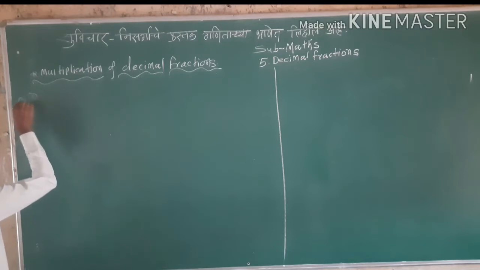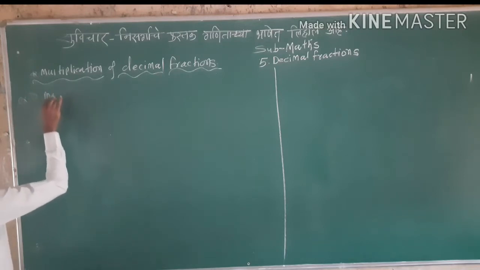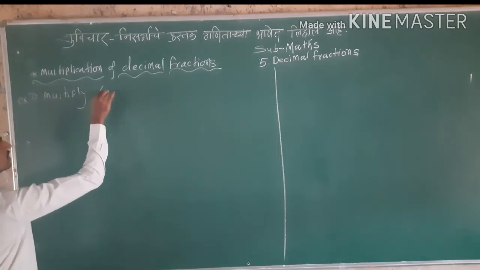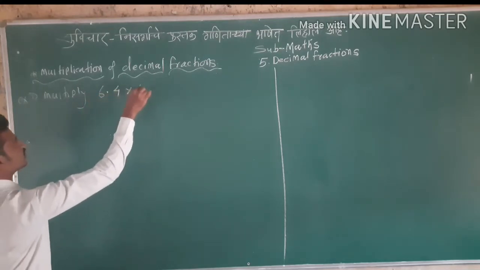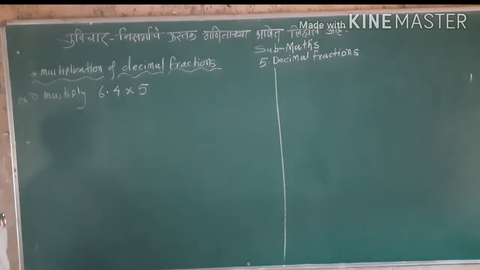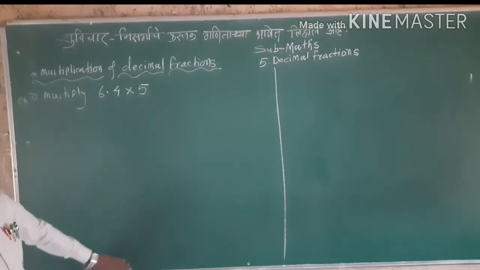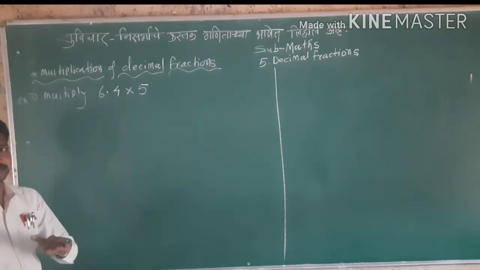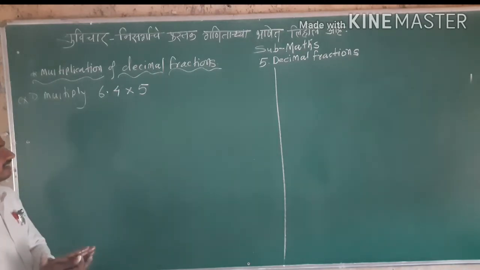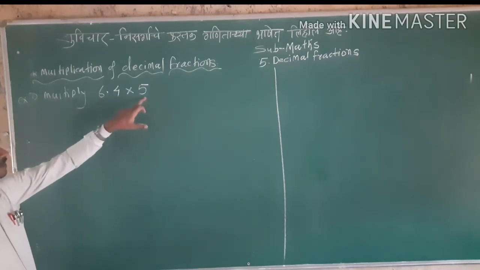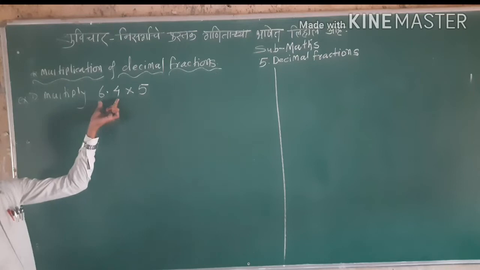See here, the first example: 6.4 into 5. Now this example we solve using three methods and find the answer. First, 6.4 is a decimal fraction.